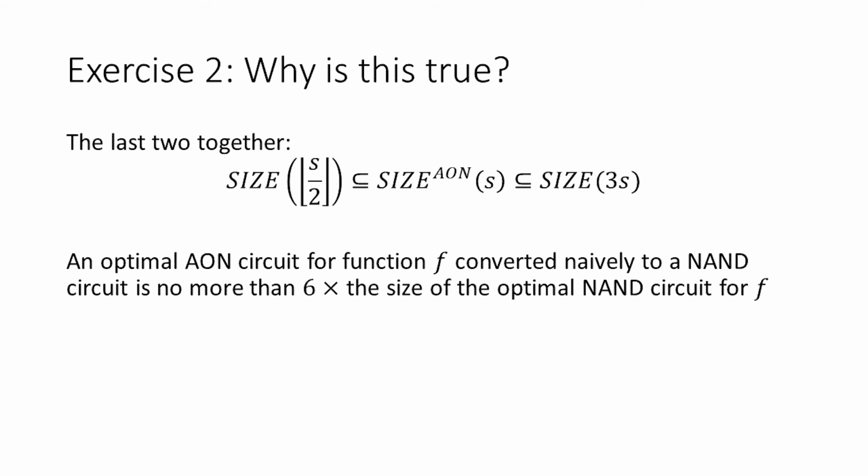So see if you can convince yourself that these 2 containment properties allow us to conclude that an optimal AND, OR, NOT circuit for some function f, and here by optimal we mean the circuit which requires the fewest gates, if we naively convert that into a NAND circuit just by using the syntactic sugar method, we can actually conclude that that resulting circuit is not going to be any more than 6 times the size of the optimal NAND circuit for f. So see if you can convince yourself that is true.